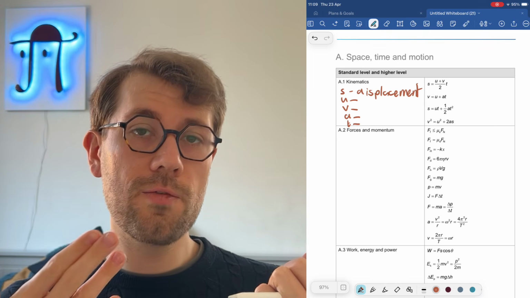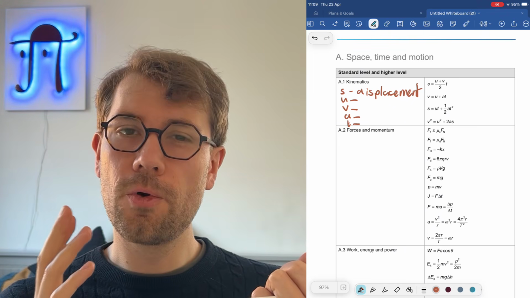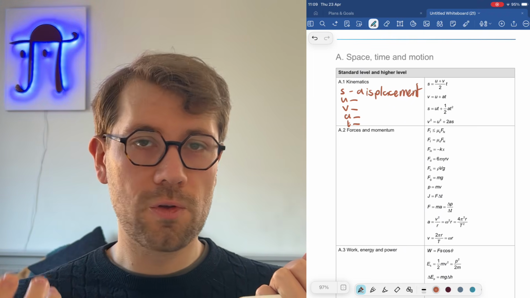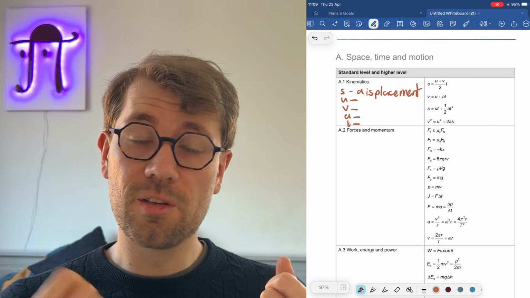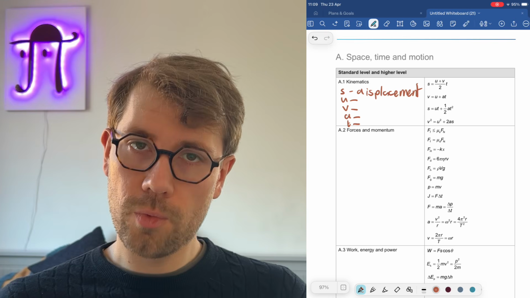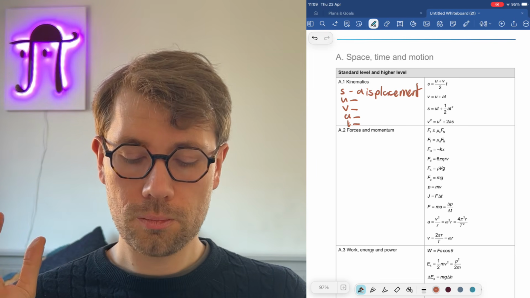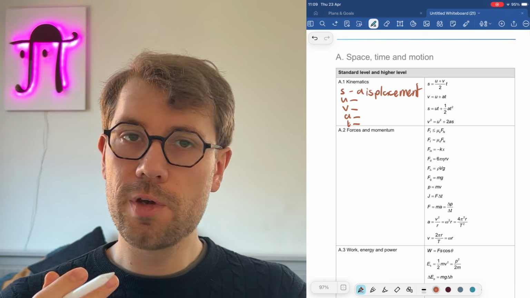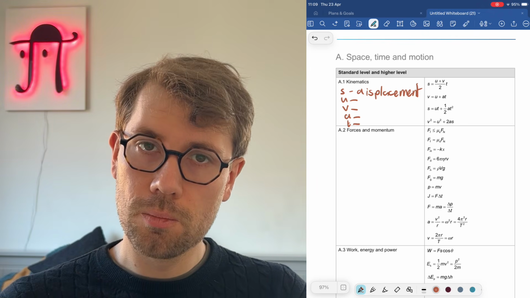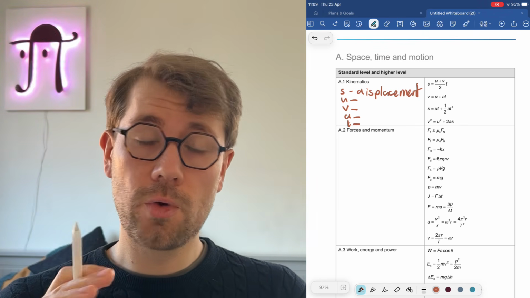And if we ignore air resistance, then there's no forces opposing it, so we've just got that one constant force of gravity pulling it down, which means we've got a nice constant acceleration. And that's where projectiles come in. When we do projectiles, our acceleration is equal to gravity, and we keep that constant, and these equations work really well for that.